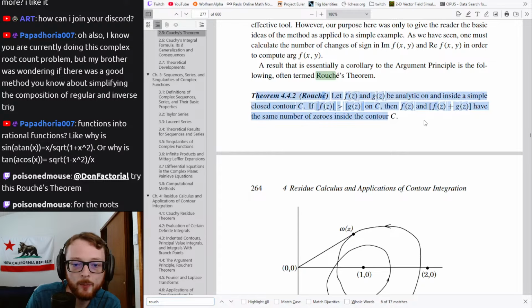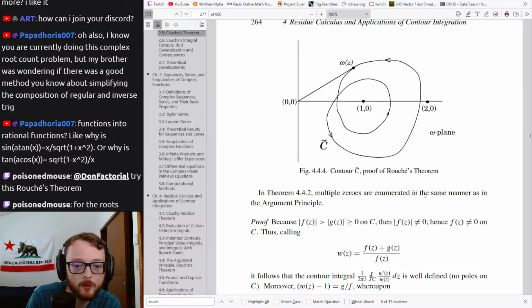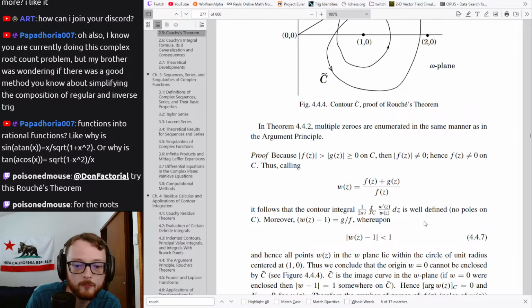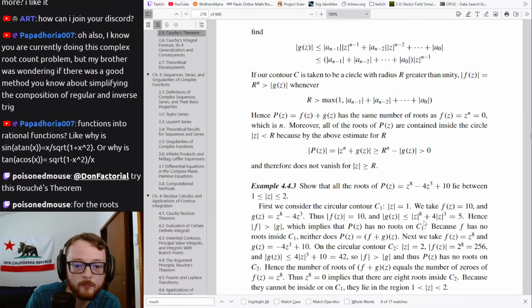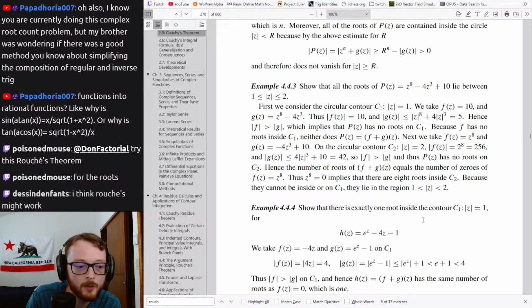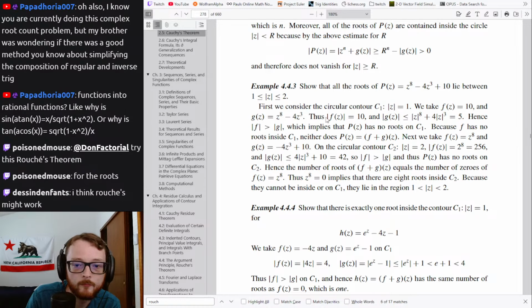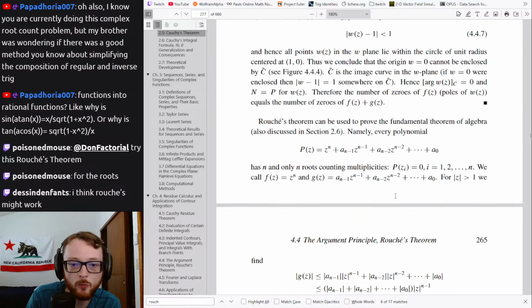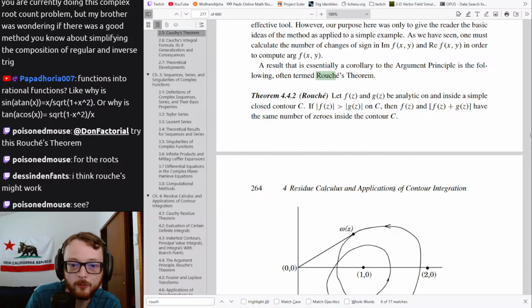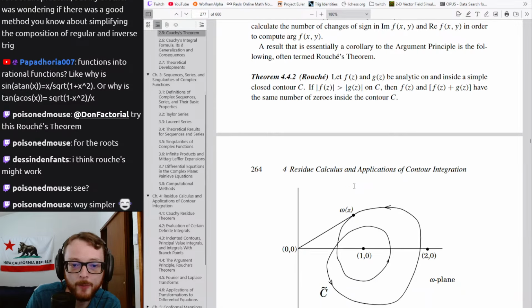Oh, yeah, that could be helpful too. That's probably a more robust way of doing this, because you don't need them to be distinct here. Yeah, it's a good call, Mouse.